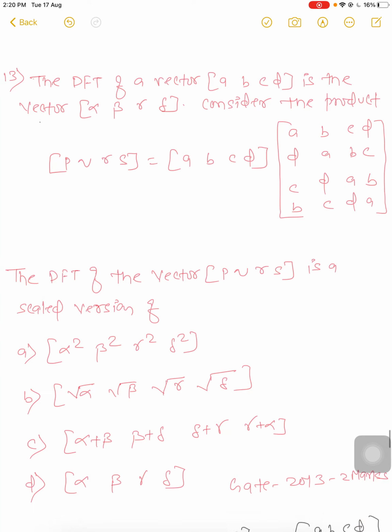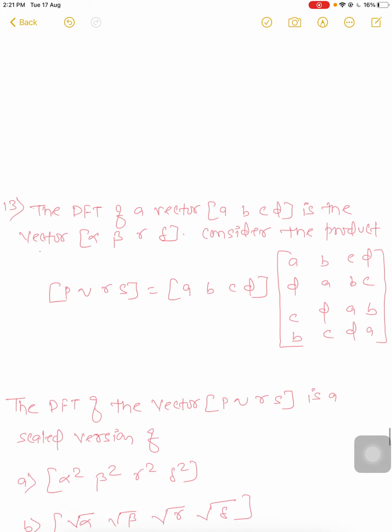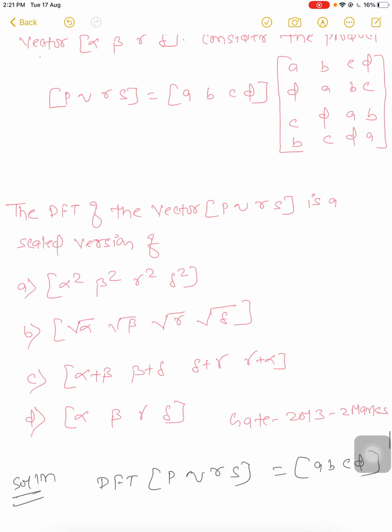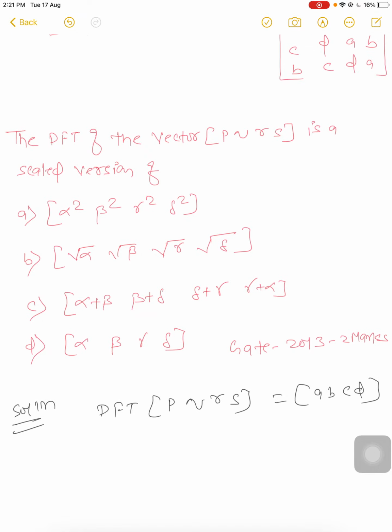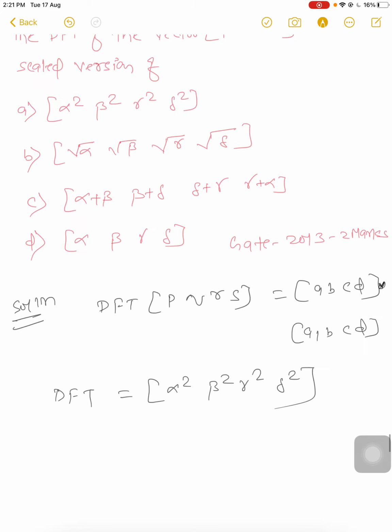Consider the product PQRS. PQRS is nothing but the convolution of ABCD with ABCD. Then the DFT is equal to alpha square, beta square, gamma square, and delta square.